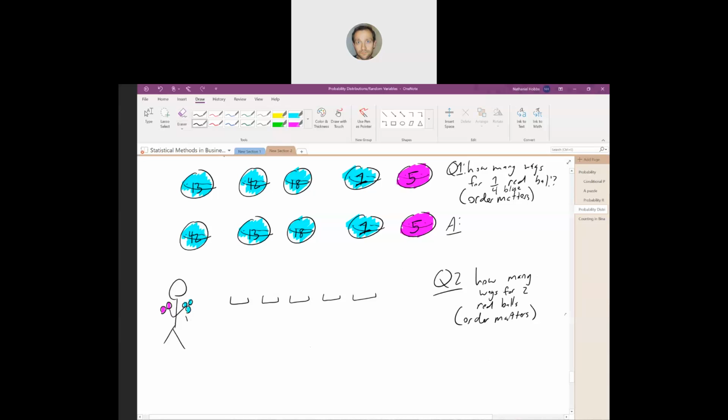That's ball 13, that's ball 42, that's ball 18, that's ball 1, that's ball 5. Ball 1's a blue ball now. So this is your situation. You're holding these 5 balls, all of them with numbers on them. How many different ways can you place them down?